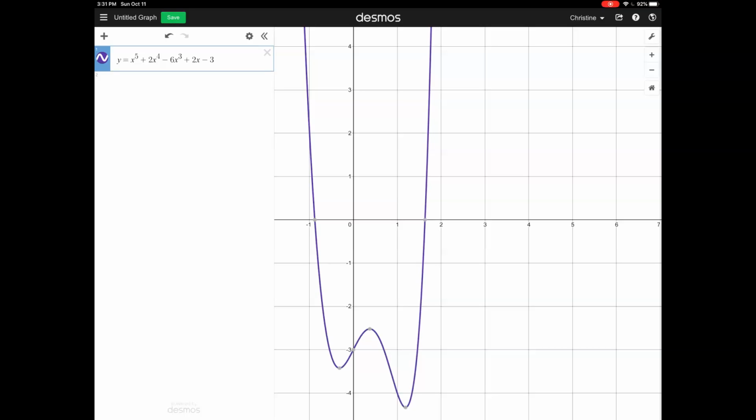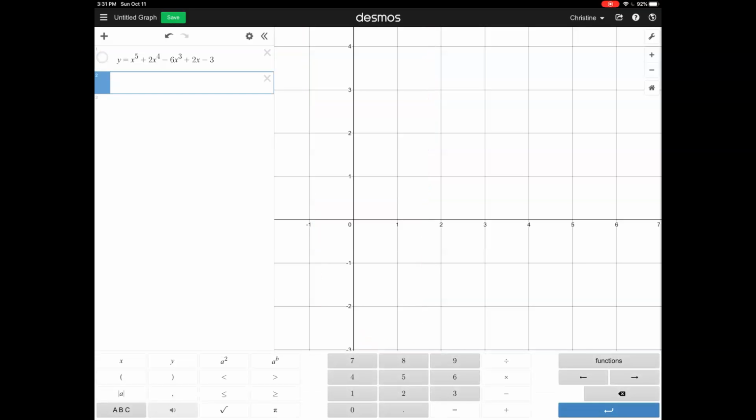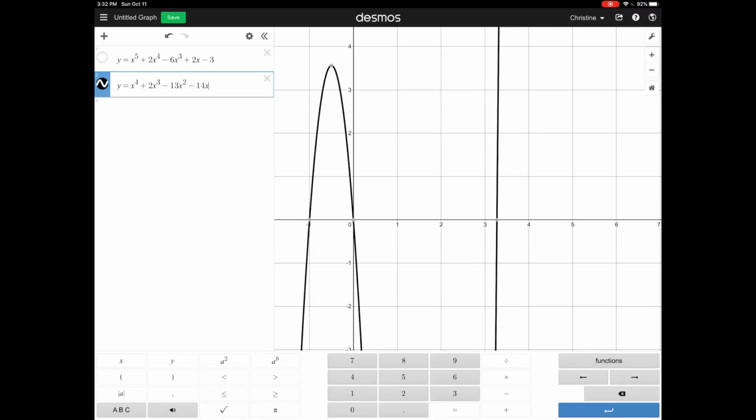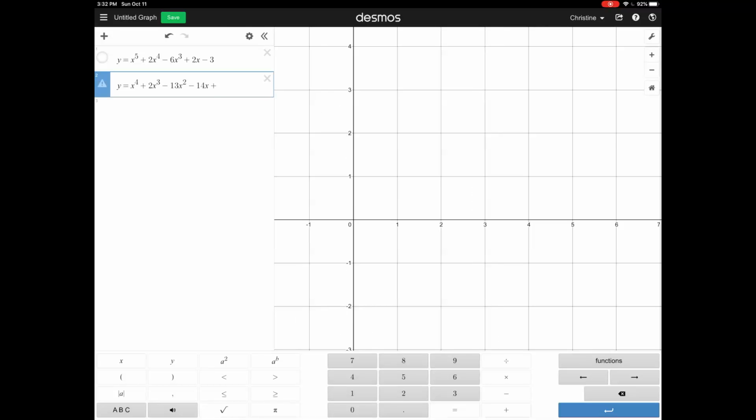In the second one, we had the f of x, but again, I'm going to type it in. It was x to the fourth plus 2x cubed minus 13x squared minus 14x plus 24.